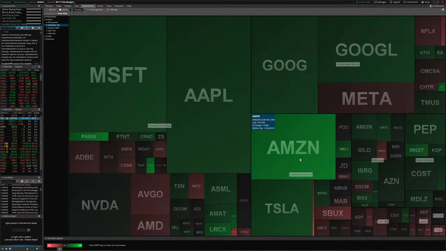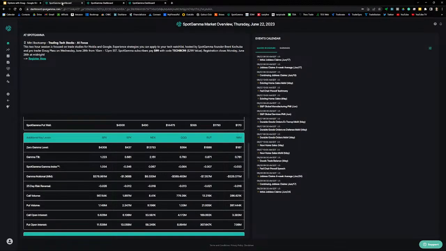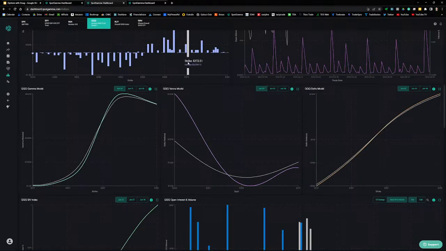So Red Panda asks, please have a word on why you prefer QQQ Vanna model rather than NDX. We can take a look at that. I normally don't look at the Vanna model for NDX just because the options position for NDX is not very large.